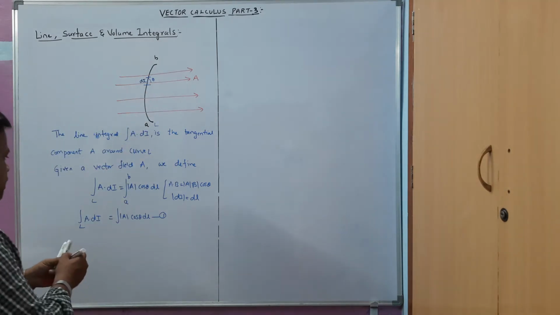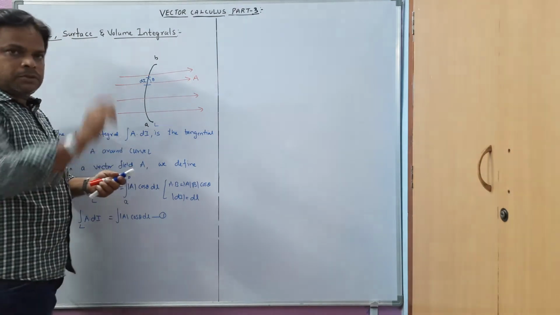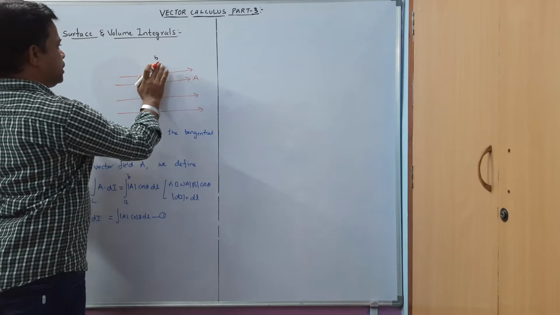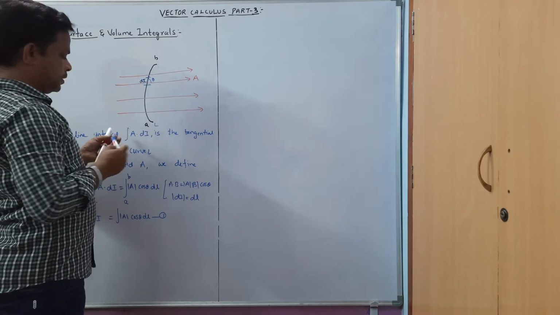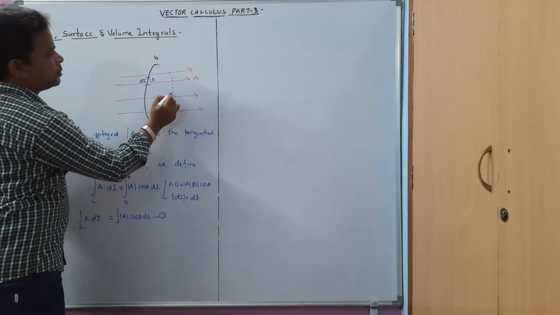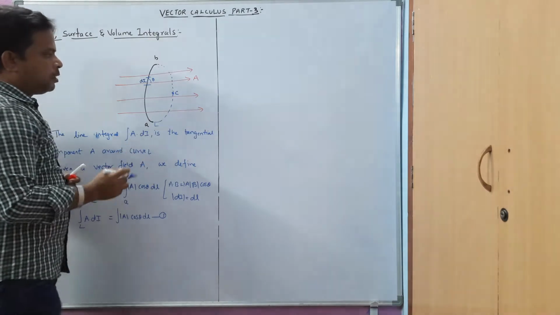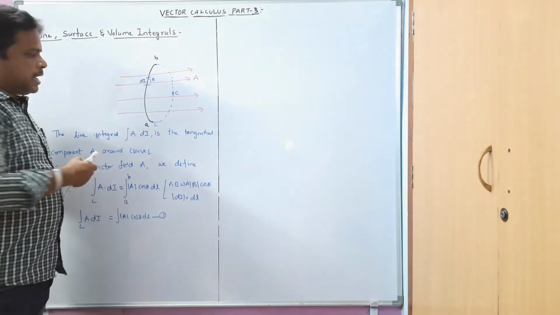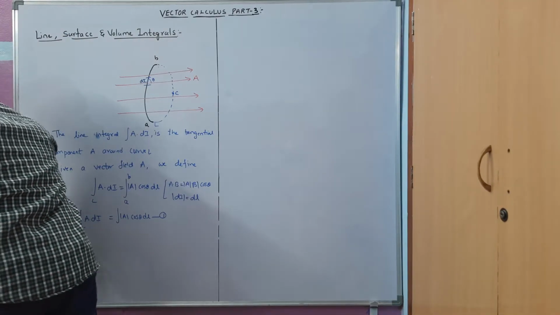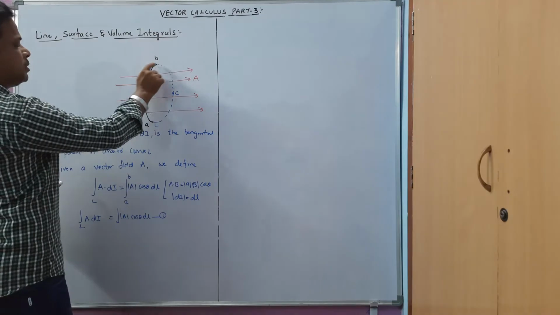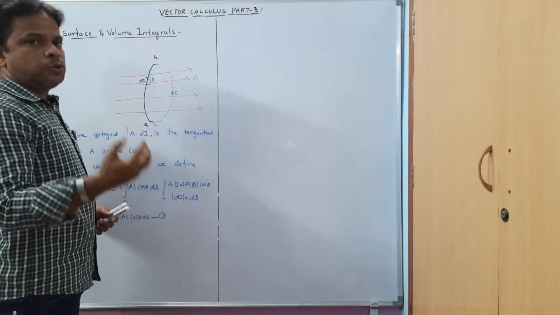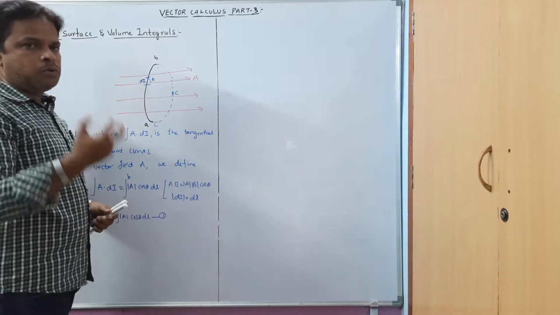Now if the same line forms a closed path, then this integral changes to a closed loop or closed contour integral.